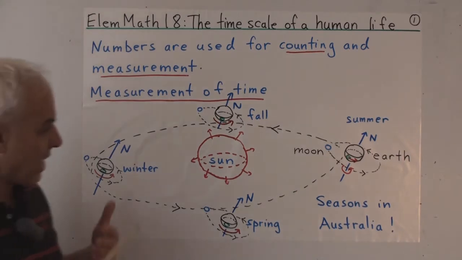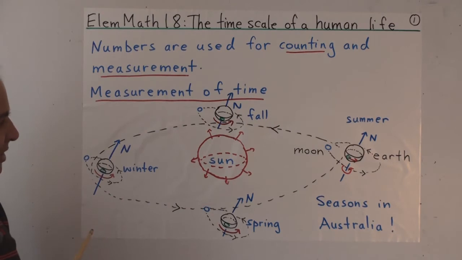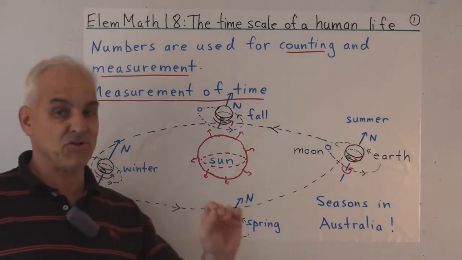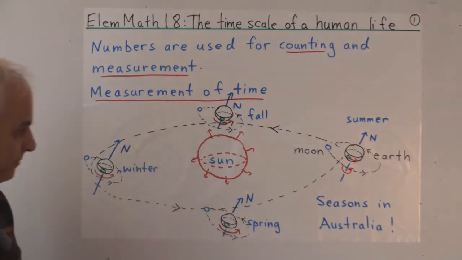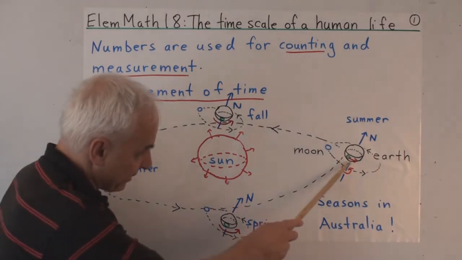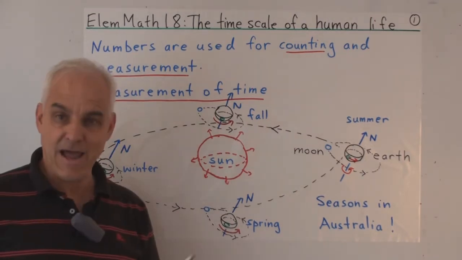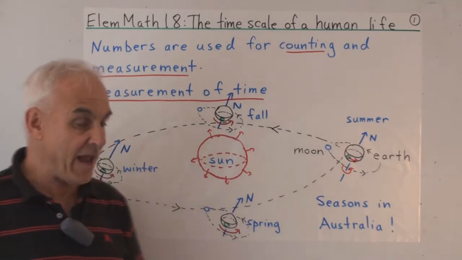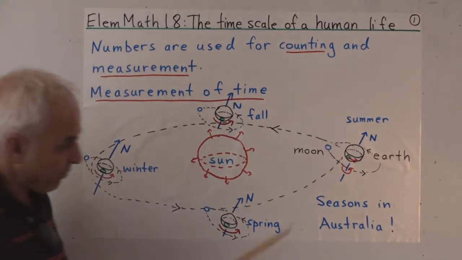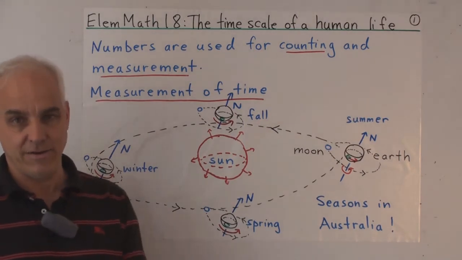All right, so our understanding of time really cannot be separated from a few fundamental astronomical facts about the situation that we're in. So we live on a planet, a round planet, which we call Earth. And now, after many thousands of years of observation and careful analysis, we know that this planet goes around this big star, which we call the Sun.